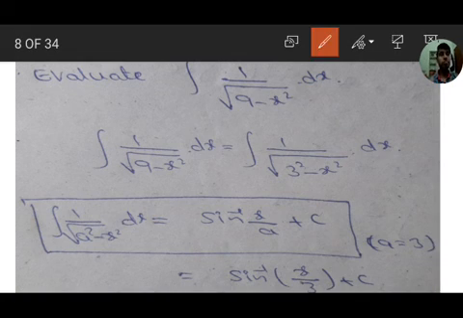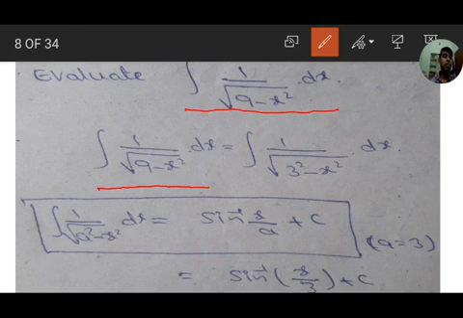First problem. Evaluate integration 1 by square root of 9 minus x square dx. So integration 1 by square root of 9 minus x square dx can be written with 9 as 3 square, so integration 1 by square root of 3 square minus x square dx.